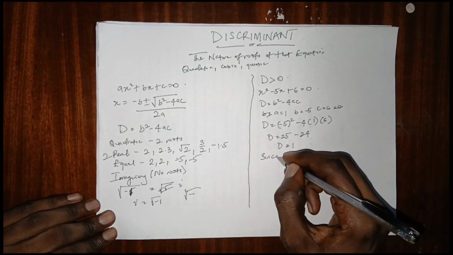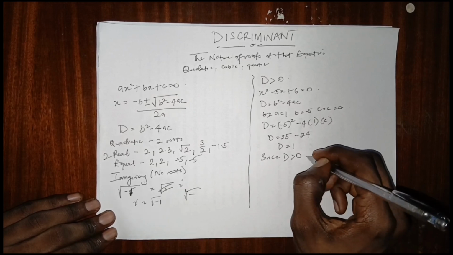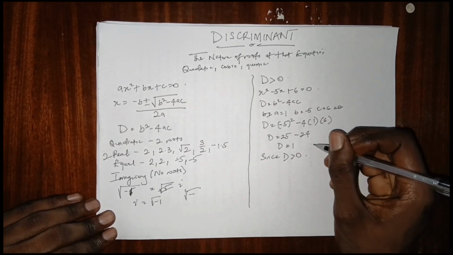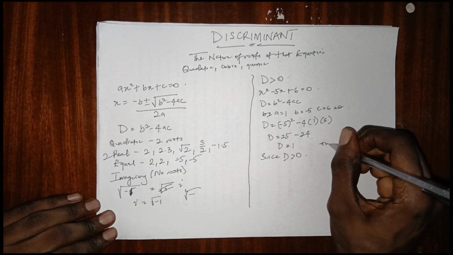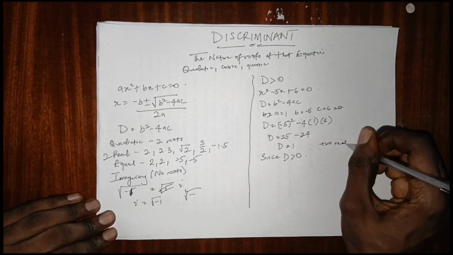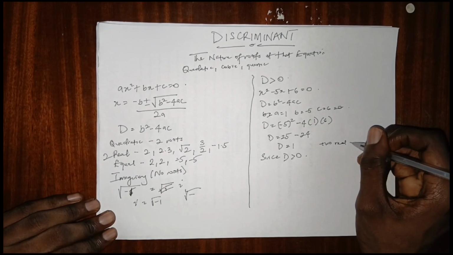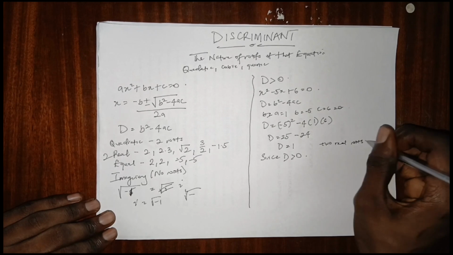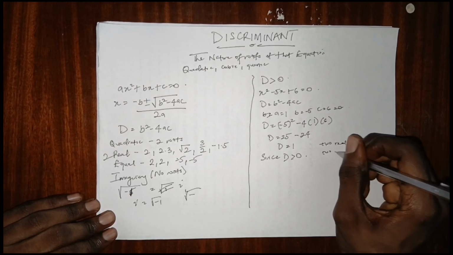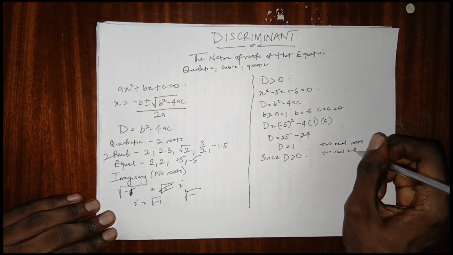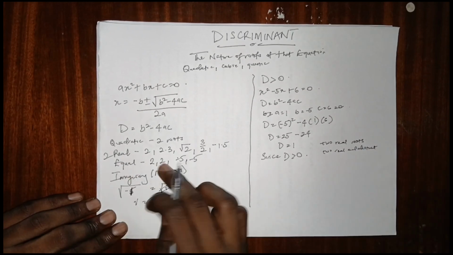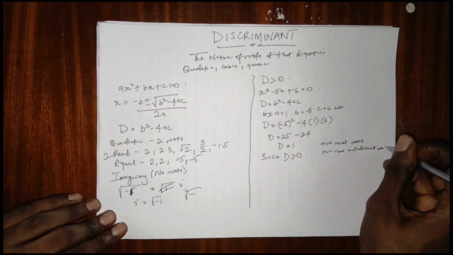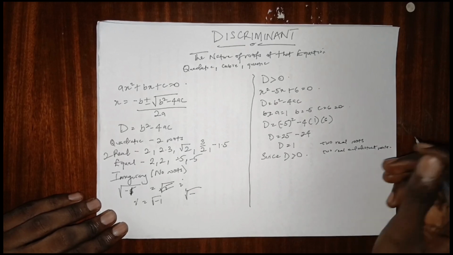Since D is greater than 0, you have two real roots. Sometimes you can say two real and distinct roots, because if the roots were equal they would not be distinct.